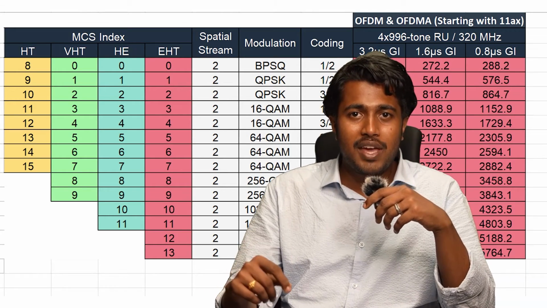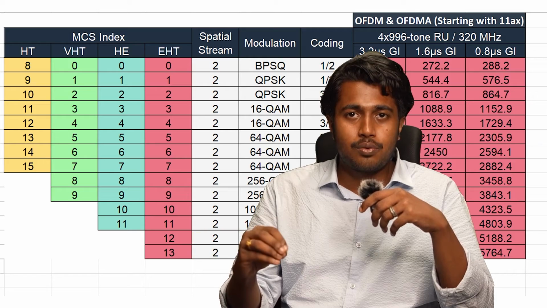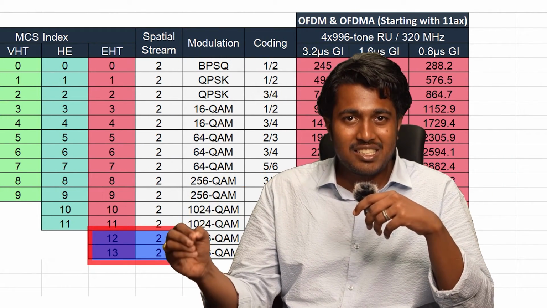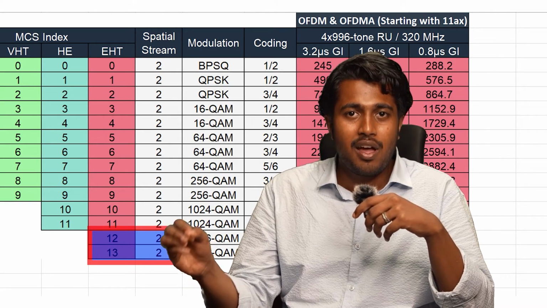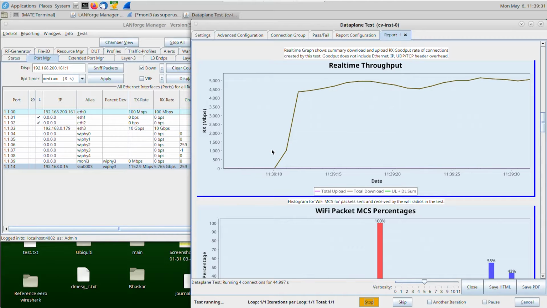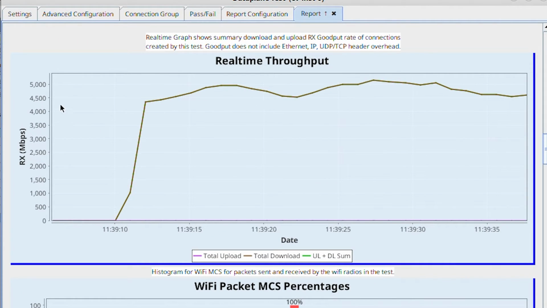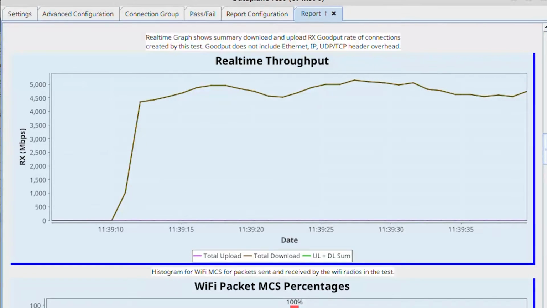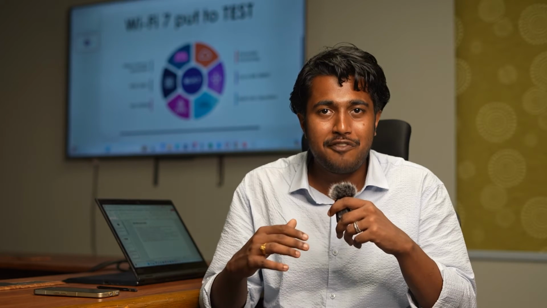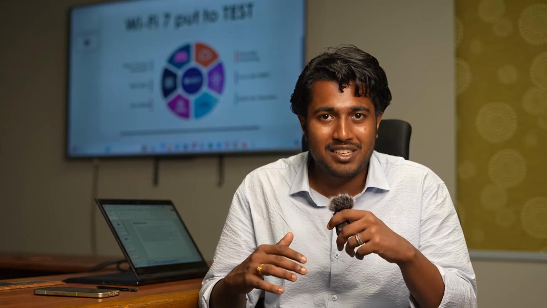Along with that, we have two spatial streams for the client as operating NSS. So, with MCS 12 and 13 and two spatial streams, let us see what throughput we can achieve at 320 MHz channel bandwidth. Let me run the traffic. Here are my findings, and we can see that we can achieve up to 5 Gbps of real-time throughput. So clearly we can see that 4K QAM and 320 MHz have added great value to the PHY and performance improvements in Wi-Fi 7.